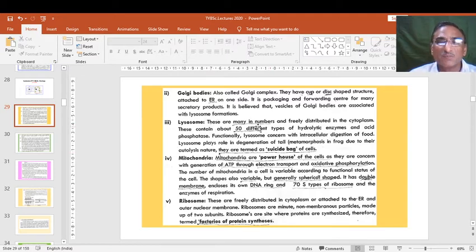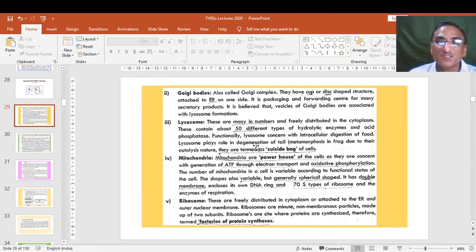So these are many in number. Lysosomes are tremendously found in the cells and freely distributed all over the cytoplasm, and these contain about 50 different types of hydrolytic enzymes. Lysosomes are very minute but have 50 different types of hydrolytic enzymes and acid phosphatase groups.